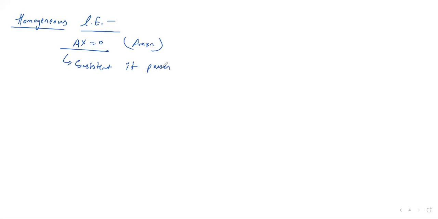By trivial solution we mean that x = 0. Let's say x = 0 is always a solution of this homogeneous system of equations. Because here b = 0, that's why we say that it is always consistent and it possesses a trivial solution, that is x = 0.